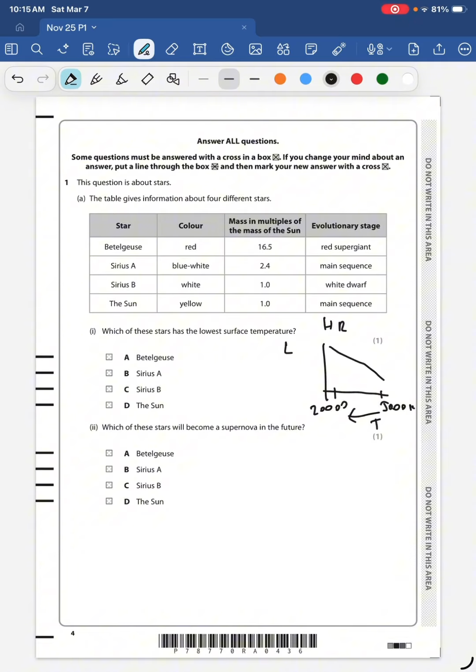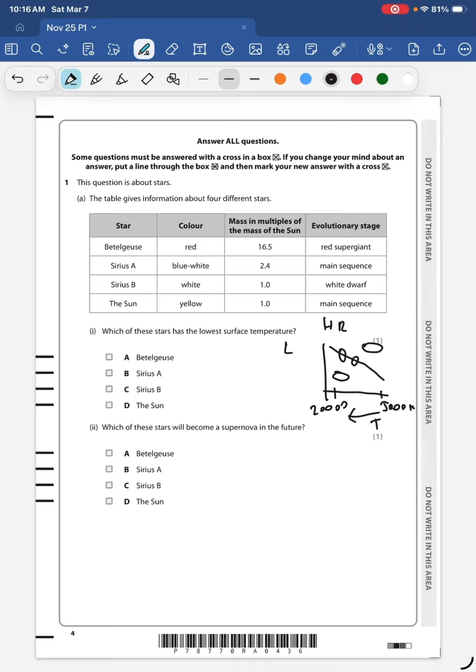And Betelgeuse as a supergiant will be all the way up here, with a low temperature, whereas Sirius B as a white dwarf will be somewhere there. Sirius A is a main sequence star, somewhere there maybe. And the Sun will be further down, because it has less mass.